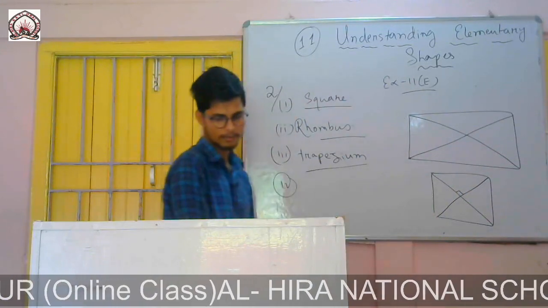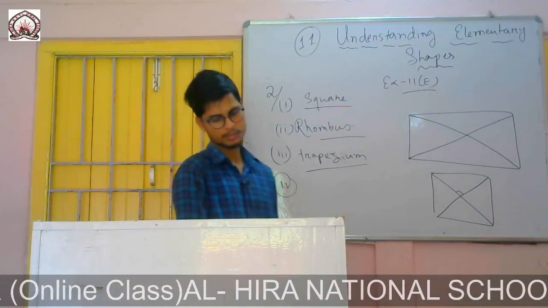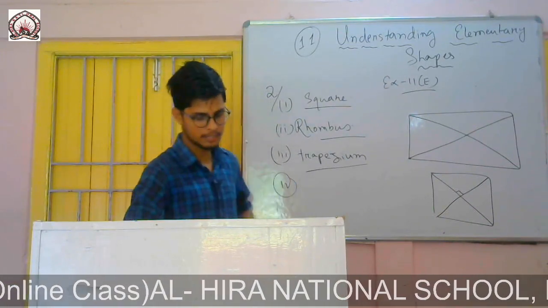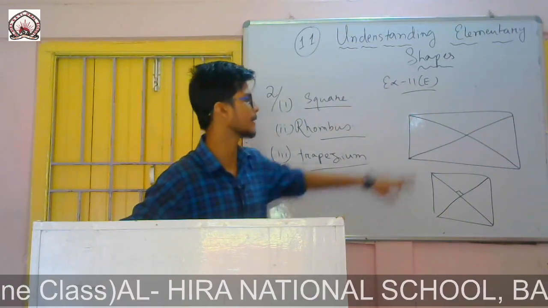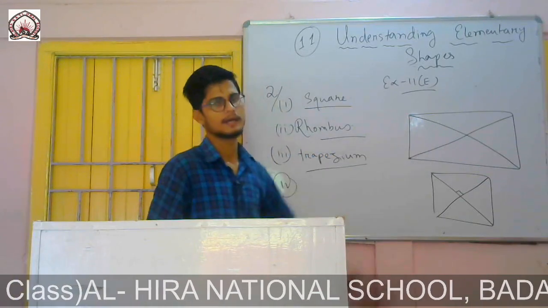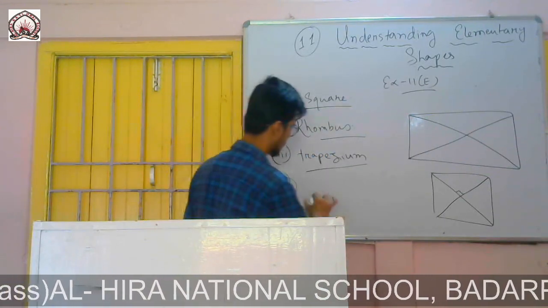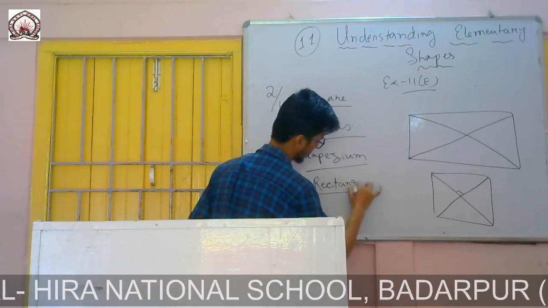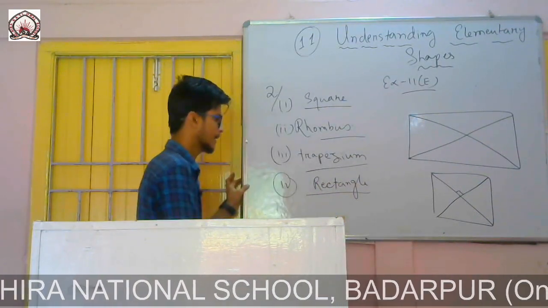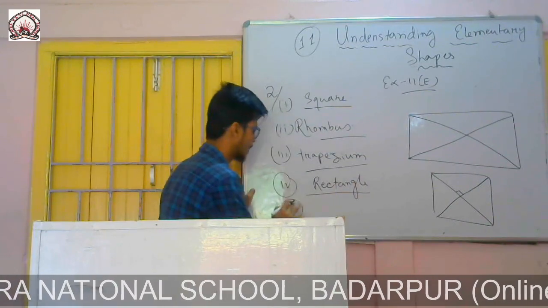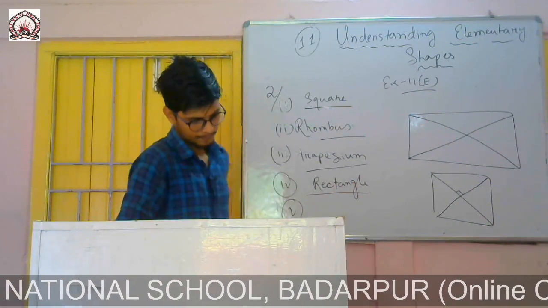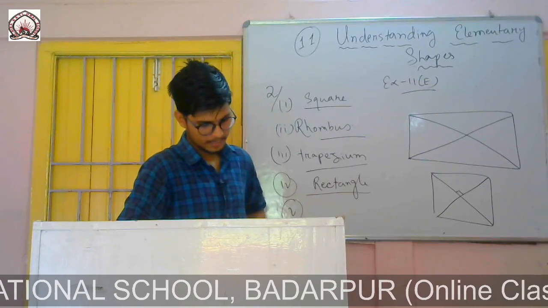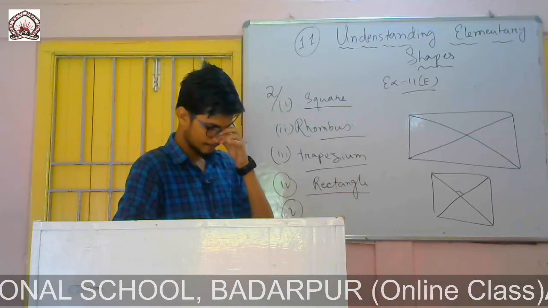So the diagonals being equal but not perpendicular means it is a rectangle.